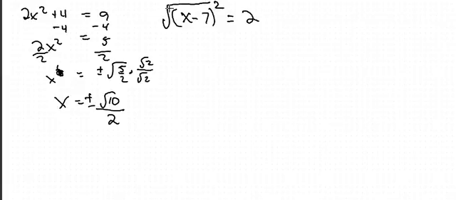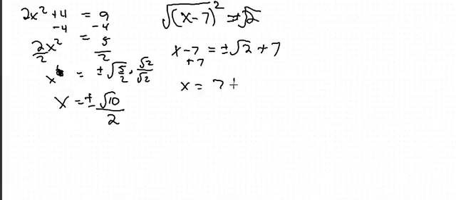Okay. So whenever you square root a number, you've got to put plus or minus in front of that. So x minus 7 equals plus or minus square root of 2. Then you add the 7. x equals 7 plus or minus square root of 2. Okay.